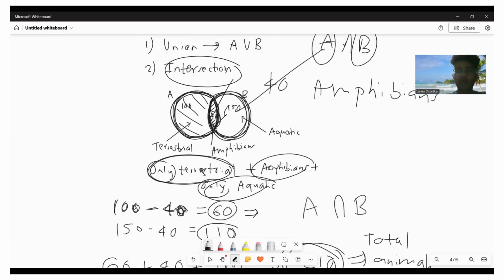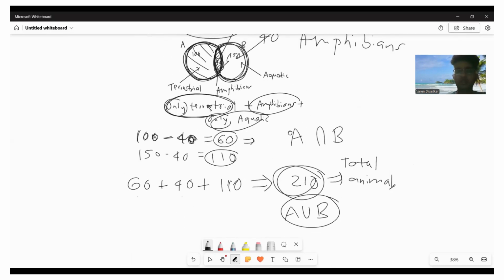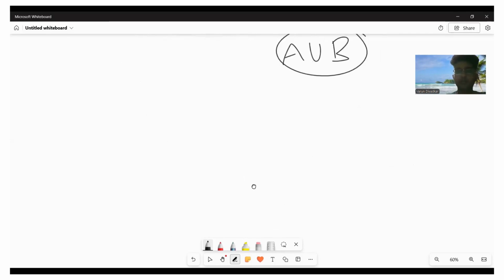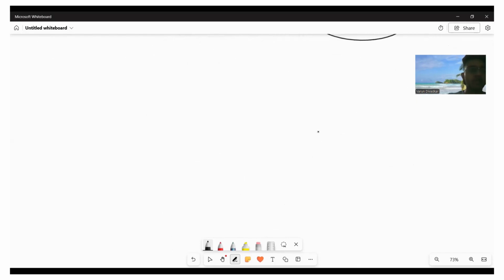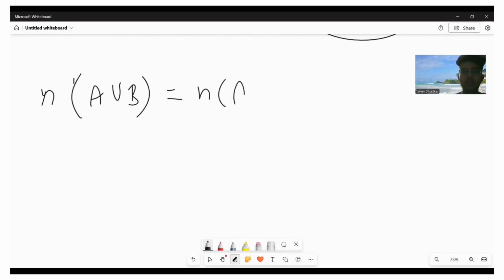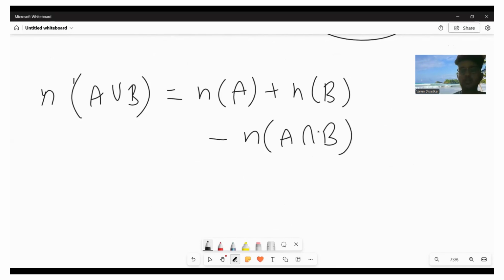And there's a formula to remember in relation to this, that is the number of elements in A union B equals the number of elements in A plus the number of elements in B minus the number of elements in A intersection B, right? So if you try to substitute the values, this we found out to be 210.